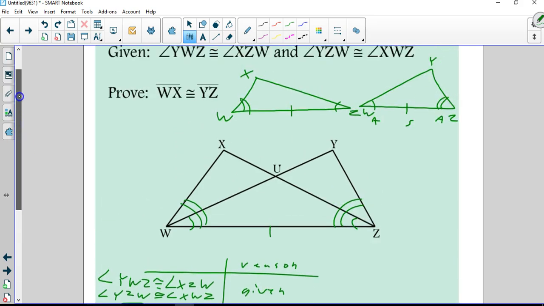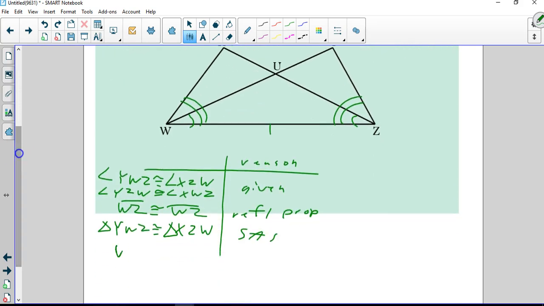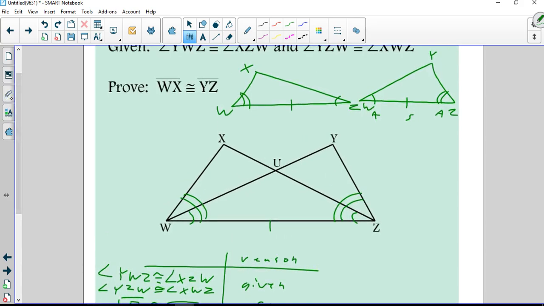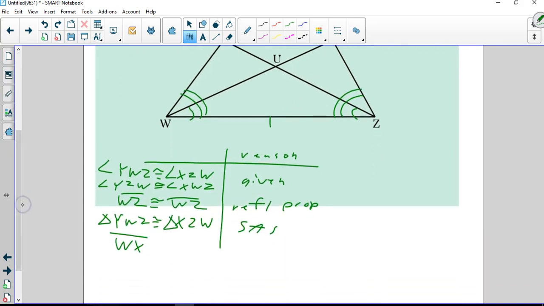At this point, we can prove WX is congruent to ZY by CPCTC.